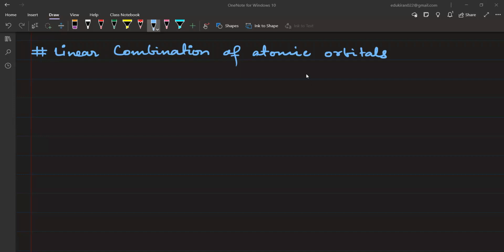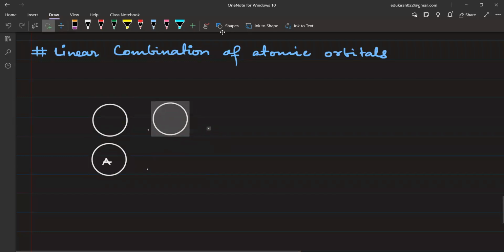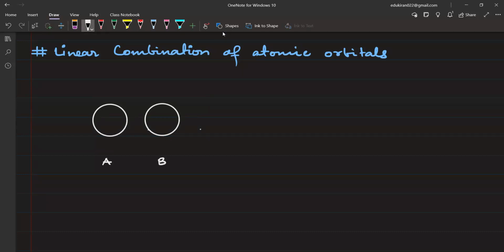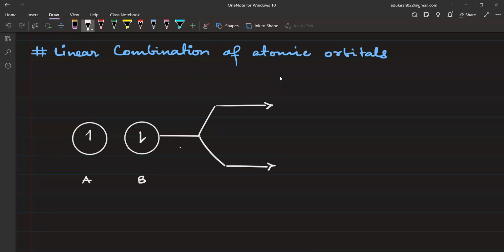For example, if I take the S subshell of an atom A, and the S subshell of atom B, both of them having opposite spin electrons, and they are going to combine to form a molecule AB.